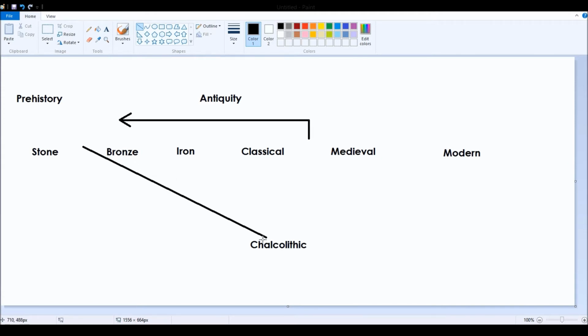Therefore, they are in a stage where they don't have the solid bronze, which they really need to get those harder tools that are necessary for a civilization to be considered a Bronze Age civilization. However, they do have begun metallurgy.